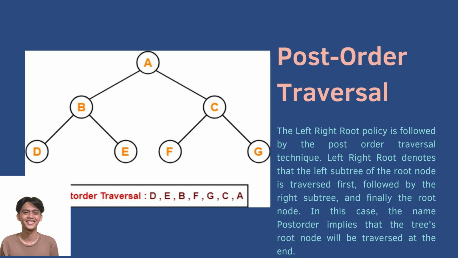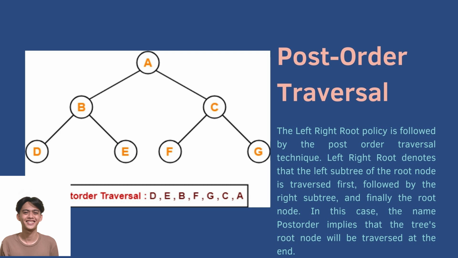So in this method, we're going to use the left-right root policy. So we're going through the left side of the tree. And the left side of the tree has a subtree, which is node D. So we're going to follow the left-right root policy.